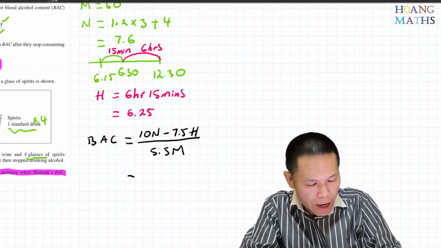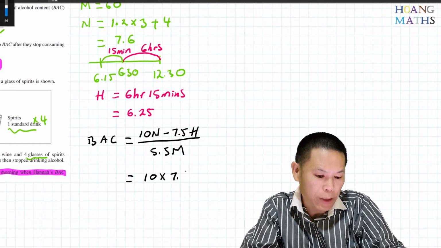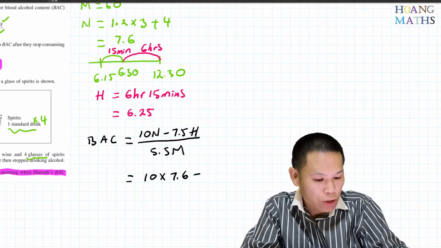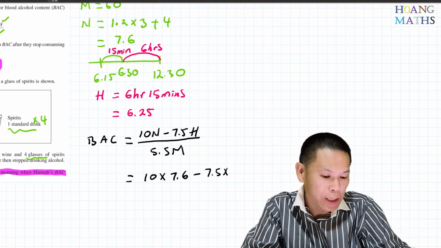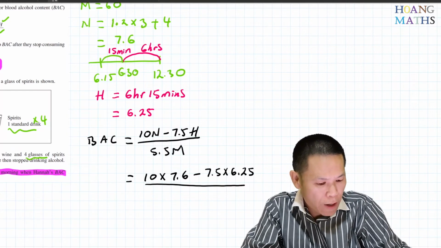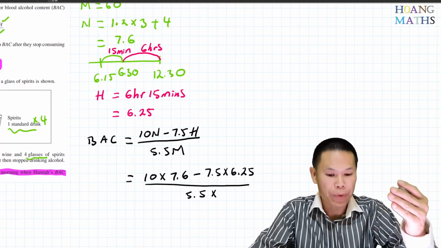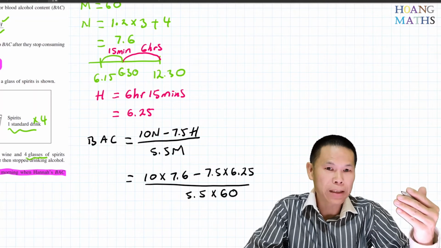So now we have 10 times N, which is 7.6, minus 7.5 times H. H is 6.25, over 5.5 times M. And M is 60, that is the mass of Hannah.